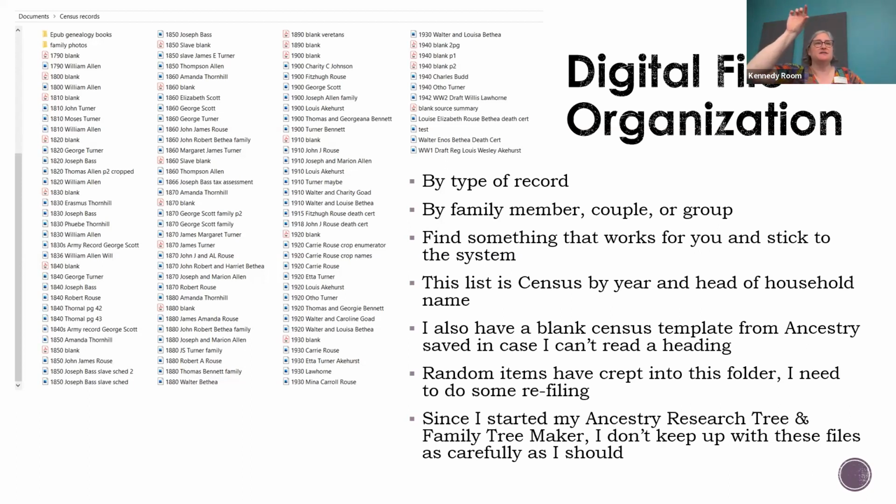It's a bad copy on the scan. You can get these are the questions that were asked, so you know what the question answer was. So those can be helpful. Random items sometimes get saved into the wrong folder. And so sometimes you have to do some file cleaning to clean things out.